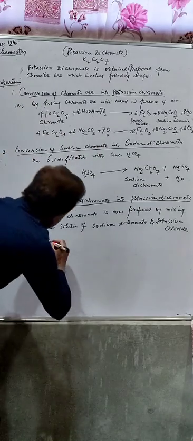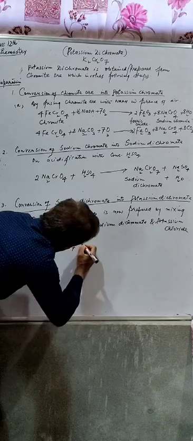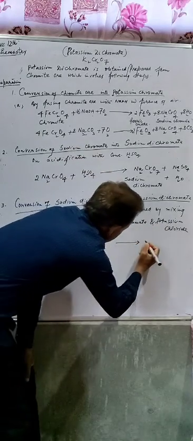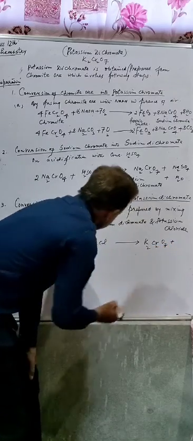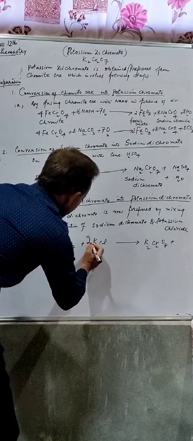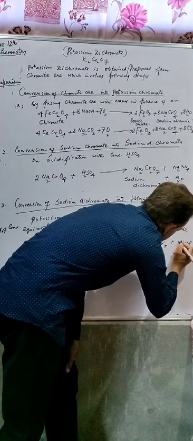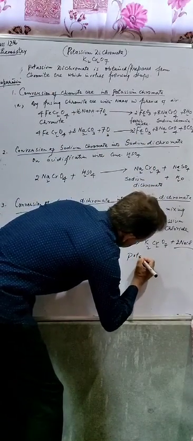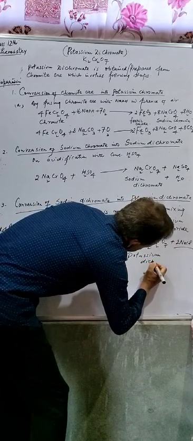Now Na2Cr2O7 plus KCl forms K2Cr2O7 plus NaCl. This is potassium dichromate.